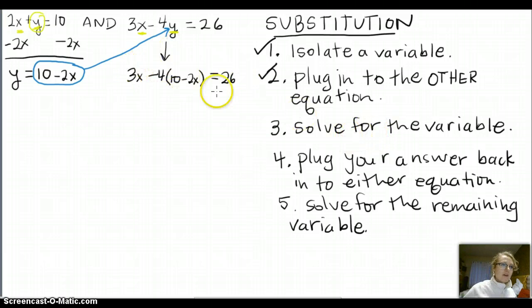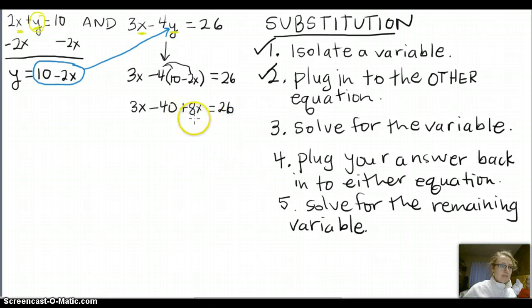The next step is to solve for the variable. In this case, we have an equation with just an x in it. We know how to solve for x when there's only one variable. So I'll distribute my negative 4 to both places and rewrite this. Negative 40 and then a positive 8x is equal to 26.